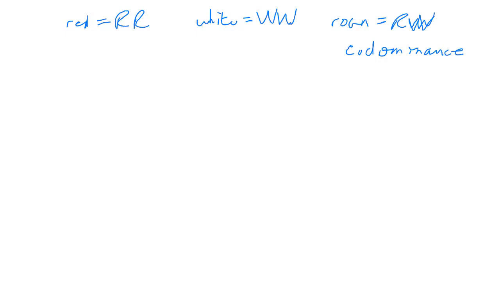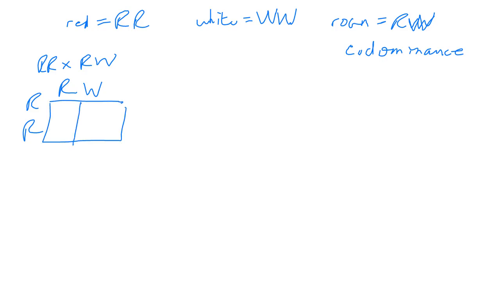So then we have some crosses. Our first cross is a red with a roan. And you could simplify this. I'm not doing that this time, but you could.